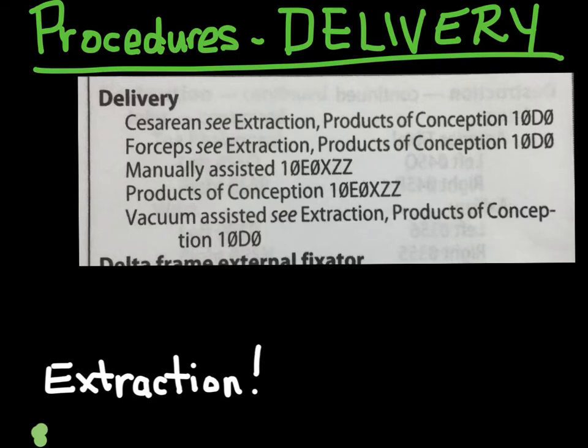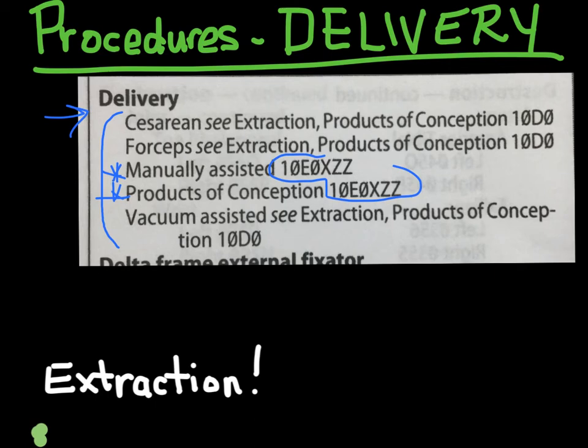Now let's focus on PCS procedures for a few minutes. In the PCS alphabetic index, let's take a look at the main term of delivery. Here you see subterms for cesarean, forceps, vacuum, manually assisted. Note that the subterms manually assisted and products of conception lead you to the same code.